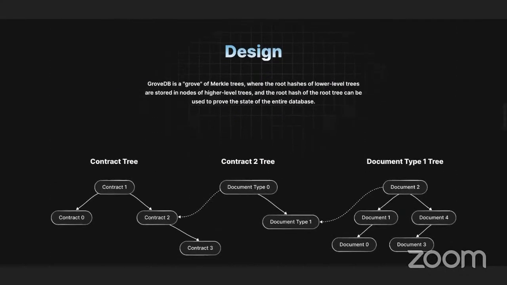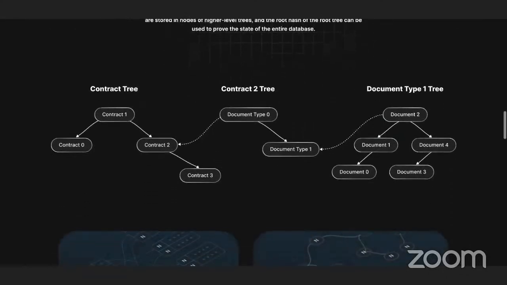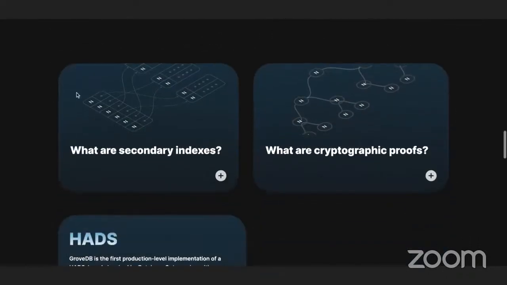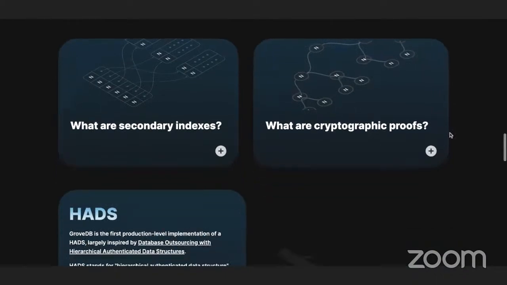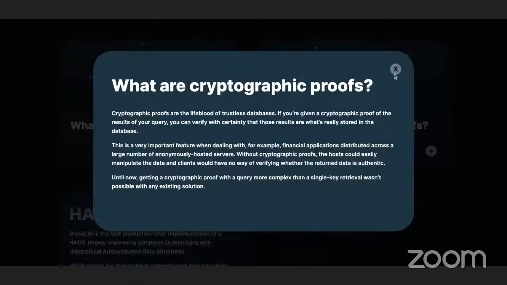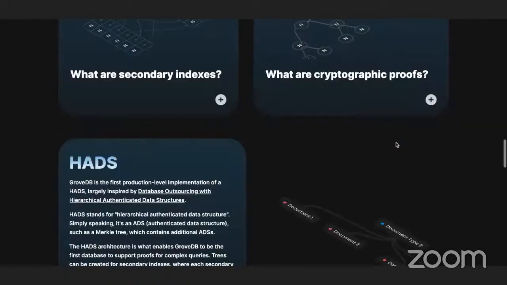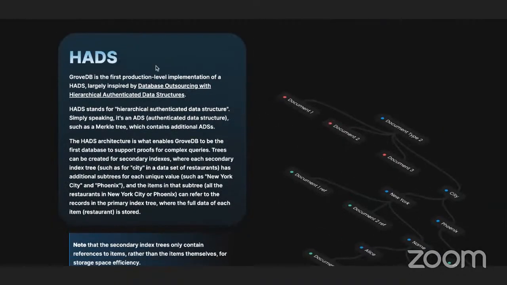So going down, we have design, some background info. What are secondary indexes and cryptographic proofs? These are nice little pop-ups. Then we have an explanation of HADS, which is hierarchical authenticated data structure.